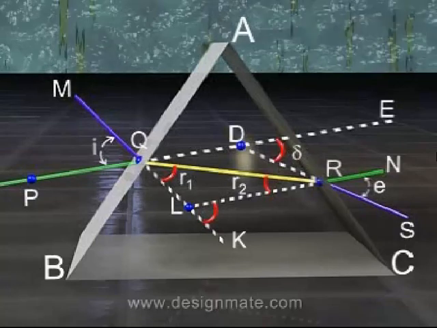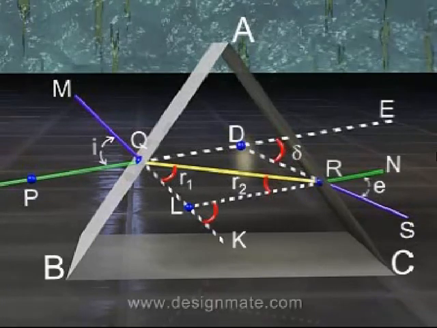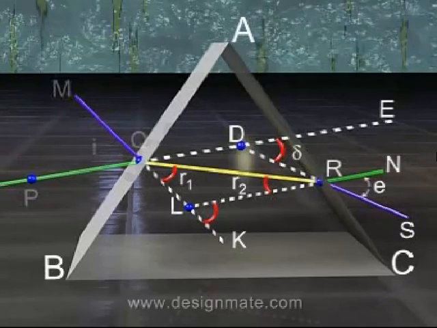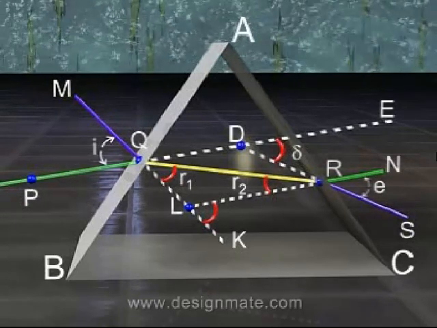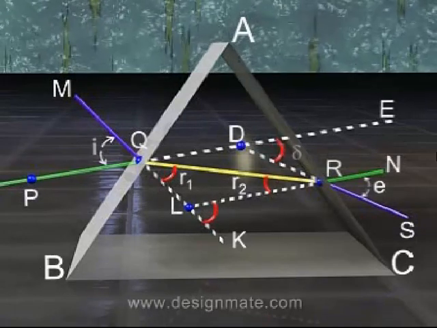Now, let us find the relation between angle of prism A, angle of incidence I, angle of emergence E, and angle of deviation delta.